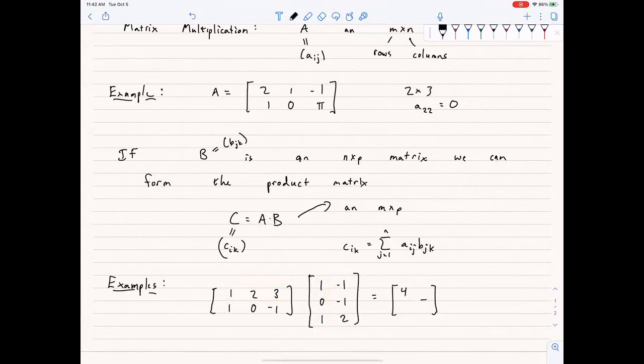If I want to find the entry in the first row, second column, I'll take the first row here and the second column here and take a dot product. So I'll take 1 times -1 plus 2 times -1 plus 3 times 2. So that's 6 minus 3, that's 3.